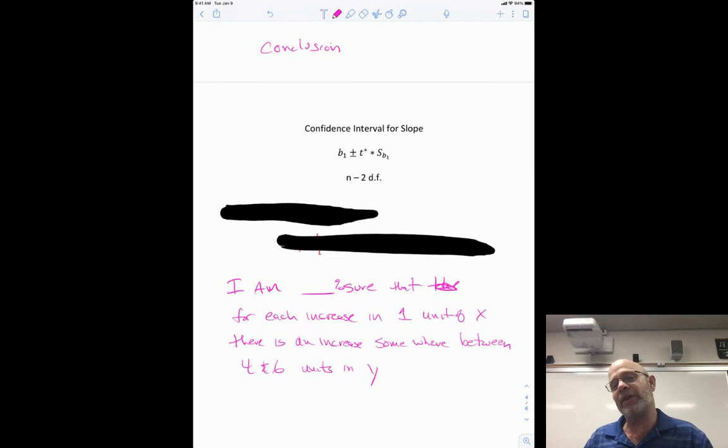So notice I'm using the interpretation of the confidence interval, and I'm also using the interpretation of the slope in there. We'll talk about that a little bit more in class also.